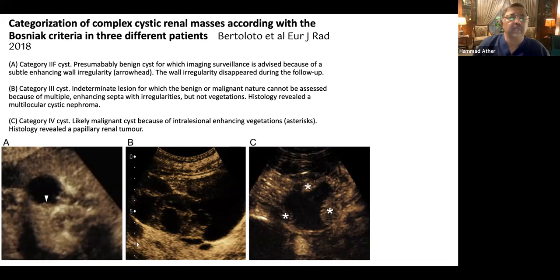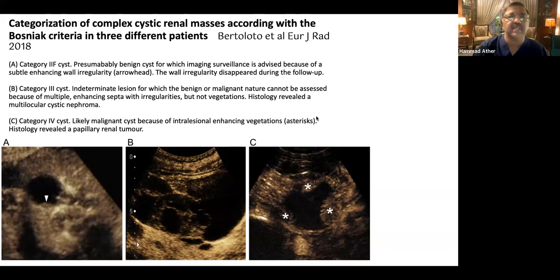If you look at figure A, there is a 2F cyst, which is a benign cyst. Imaging surveillance is advised in this situation because of the very subtle enhancing irregularity in the wall. The irregularity disappeared during the follow-up.